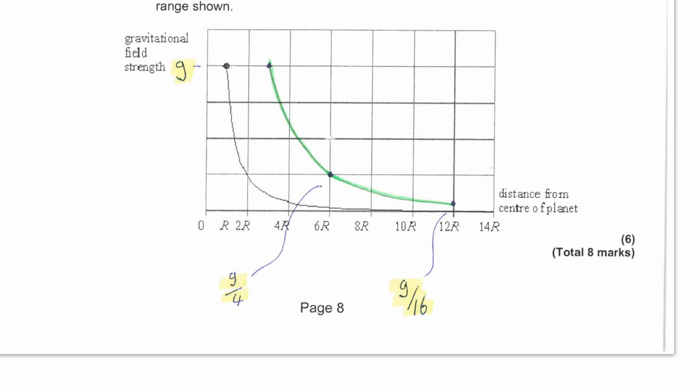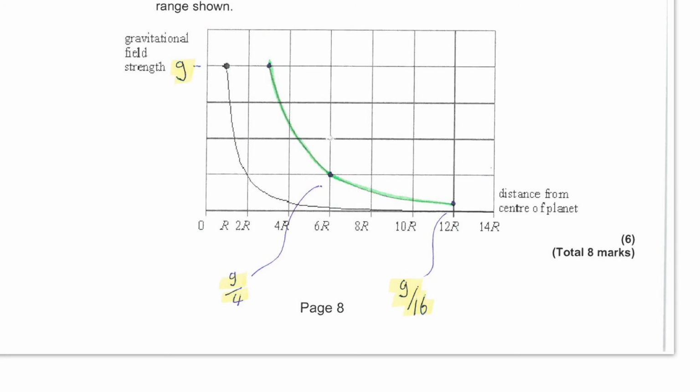You are asked to draw onto the diagram how the gravitational field strength for Q varies over the range as you increase the distance from the surface. So you need to have the shape correct, but also, since there are 3 marks allocated here, the mark scheme is wanting some more detail and some accurate positioning of this line.